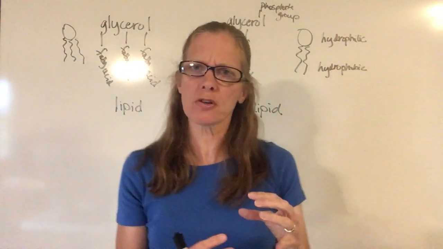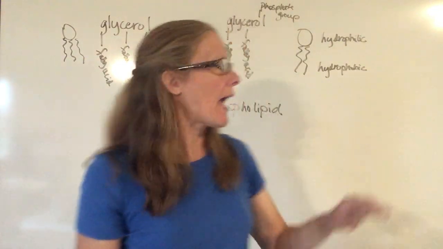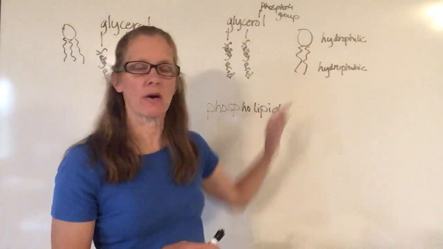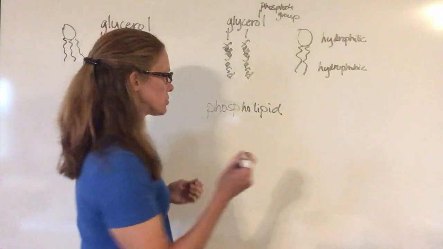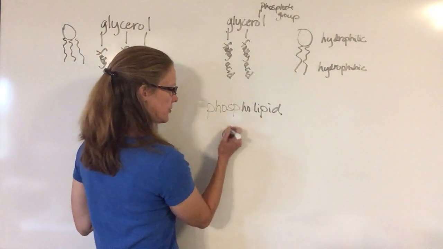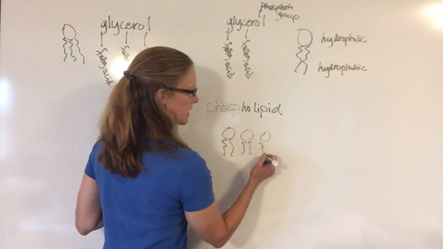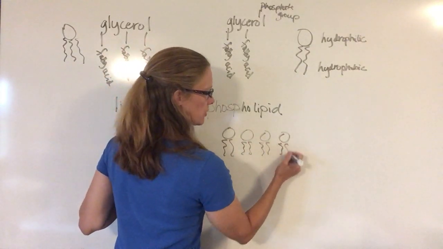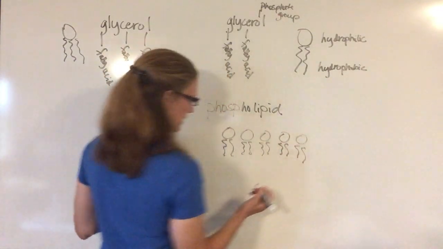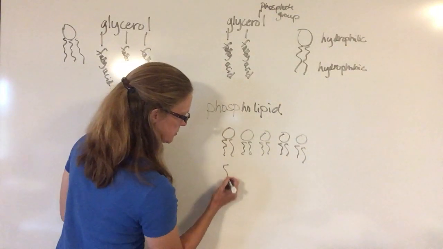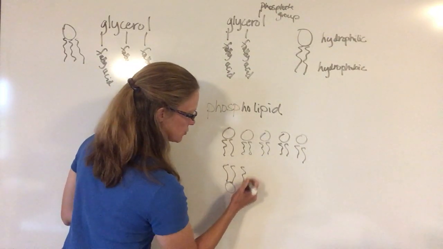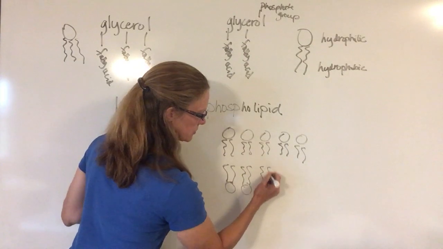And so the structure of a cell membrane actually has 2 layers of these phospholipids. It kind of looks like this. I have a layer of phospholipids on one side that goes this direction, and then I have a layer of phospholipids on the other side, but it turns the other direction.